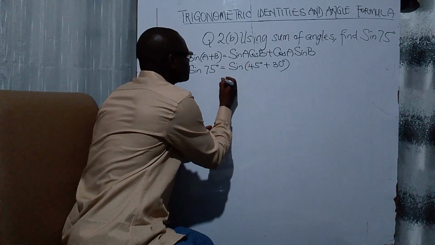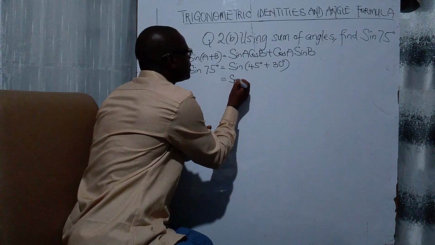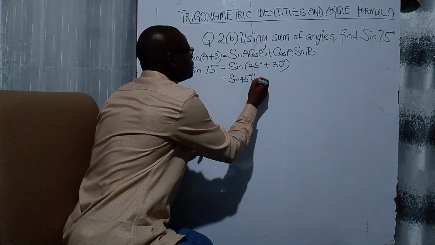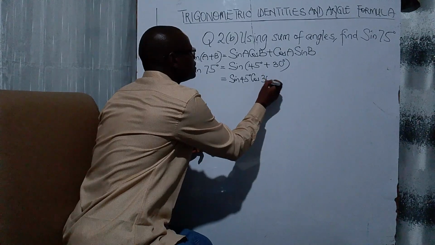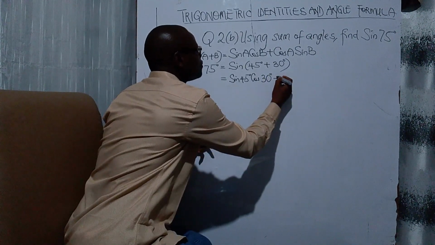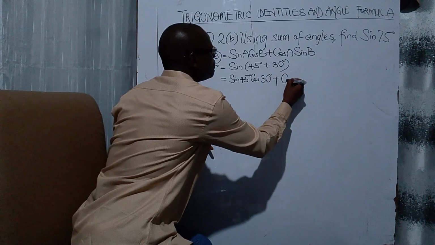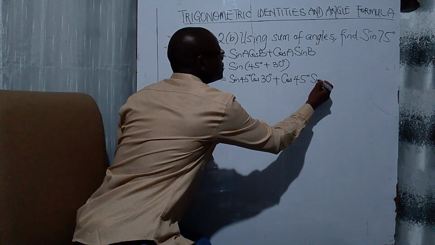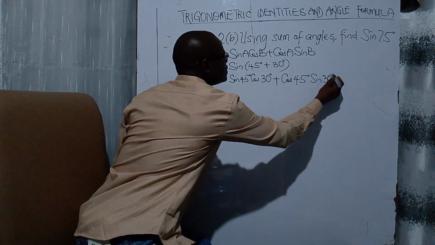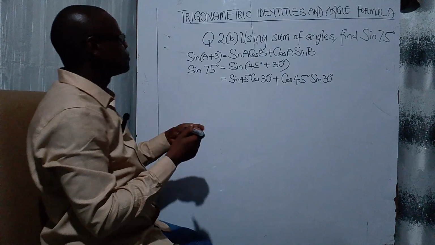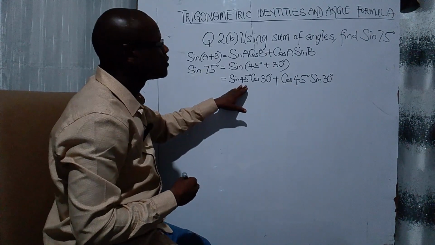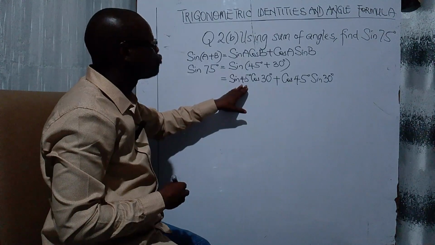So what we now have is sine 45 degrees cos 30 plus cos 45 degrees sine 30 degrees.